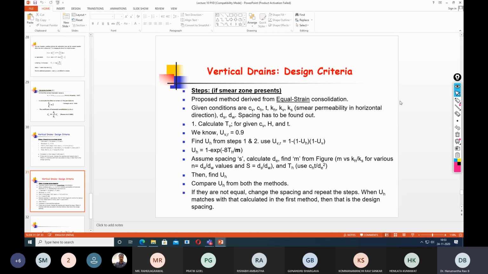Tomorrow and Friday, I need it only for tutorial and sand drains. Then I have to cover stone column. It is also a big, huge chapter. At least 2 theory classes are required for demonstration purpose, and 2 classes are required for tutorial purpose. Minimum 4 classes are required.